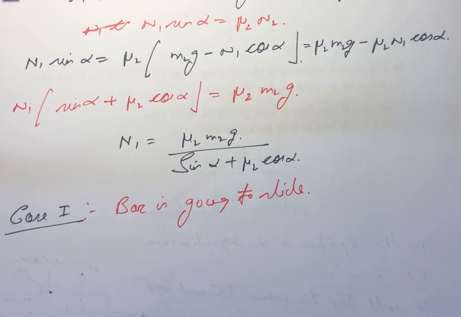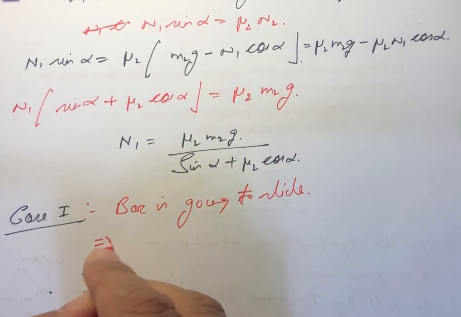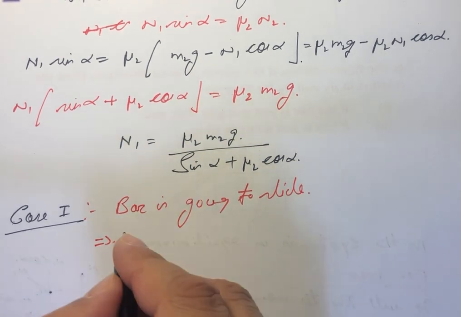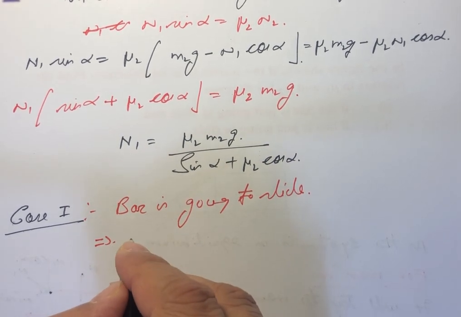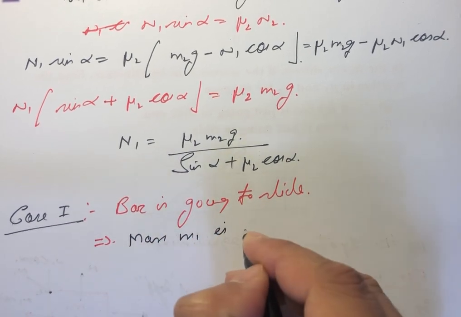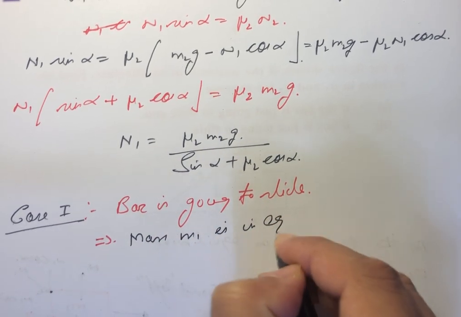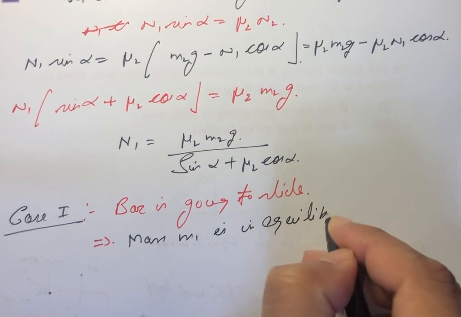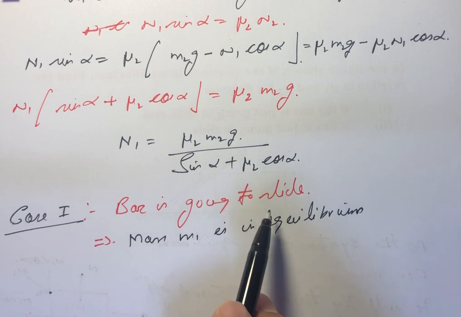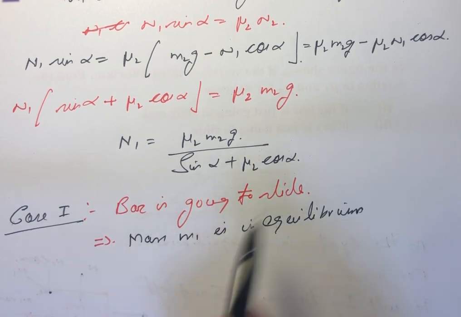So if the bar is going to slide, under this condition the box of mass m1 is in equilibrium. It only says that the bar is going to slide, so it means mass m1 is in equilibrium.